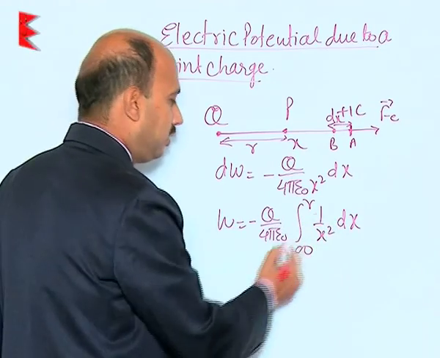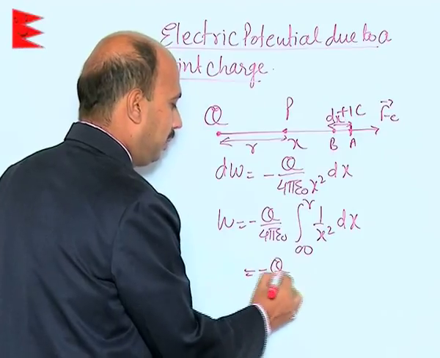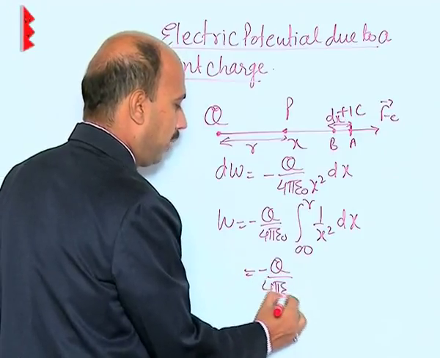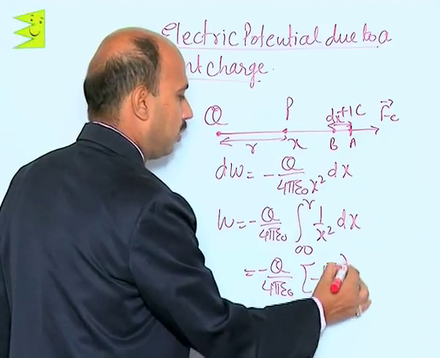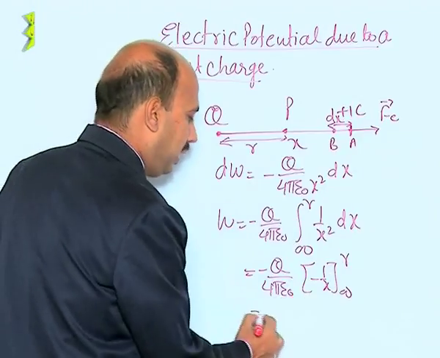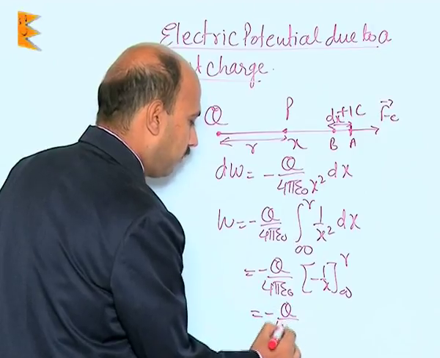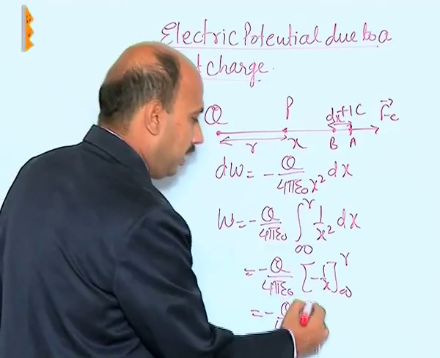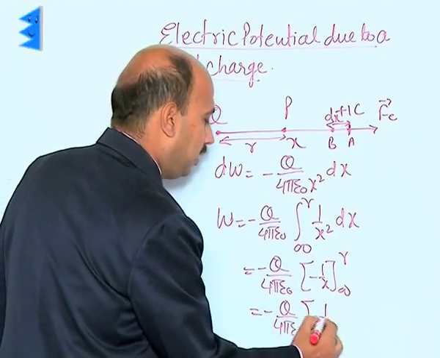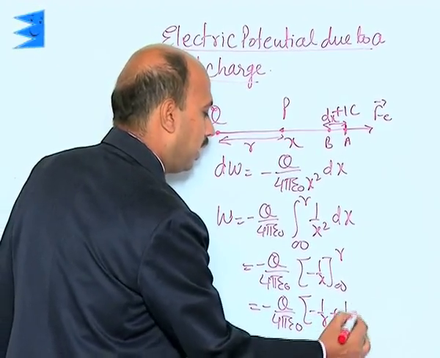We can integrate it. When we integrate it, we get minus Q upon 4 pi epsilon naught, times minus 1 upon x from infinity to r, which is minus 1 upon r plus 1 upon infinity.